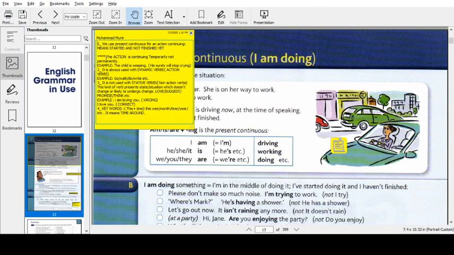Please come here again on the pop-up notes. The action is continuing temporarily, not permanently. Here two words are very important: temporarily and permanently. You must remember that in present continuous the action is always temporary. It's not completed. For example, the child is weeping.